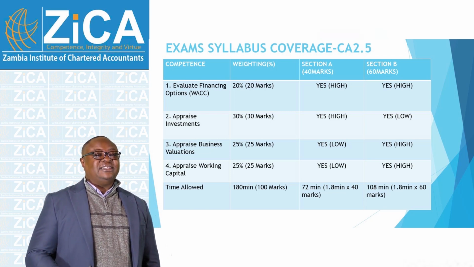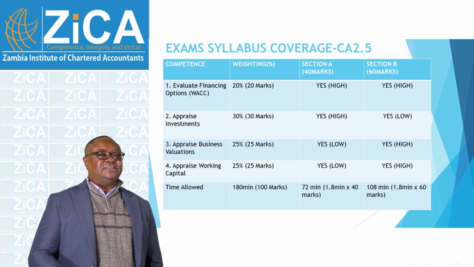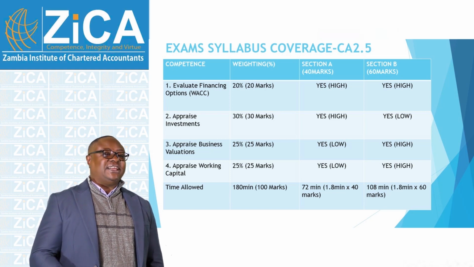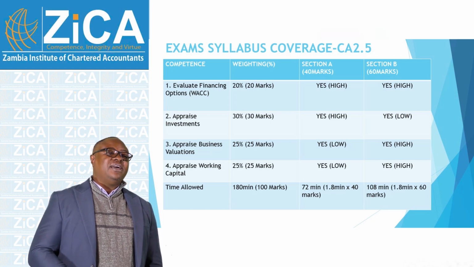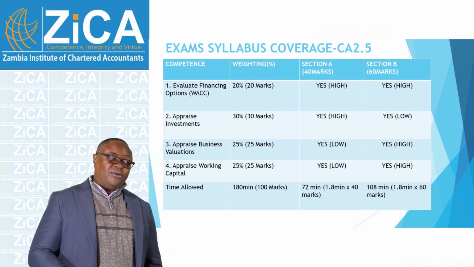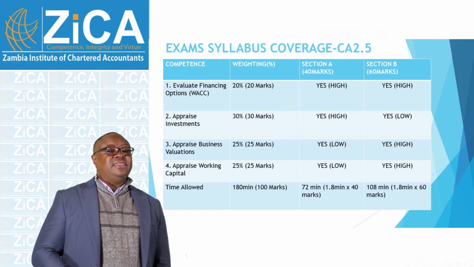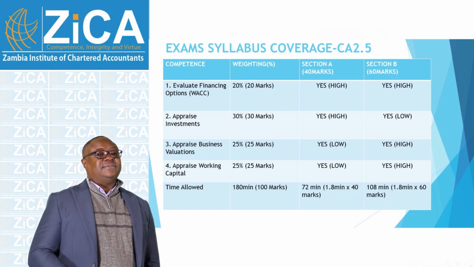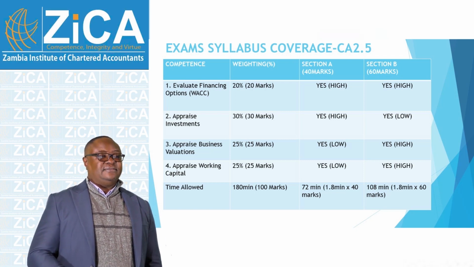Then the other 10% will come from anywhere in the syllabus, and most likely it will come from evaluating financing option, which is competence number 1. So competence number 1 and number 2 will form section A. That you need to take note.